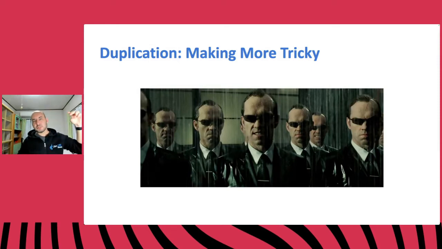For example, whenever there's duplicated code and I have to fix something in this piece of code, what should I do? I go to each point where this code is used and fix it, right?